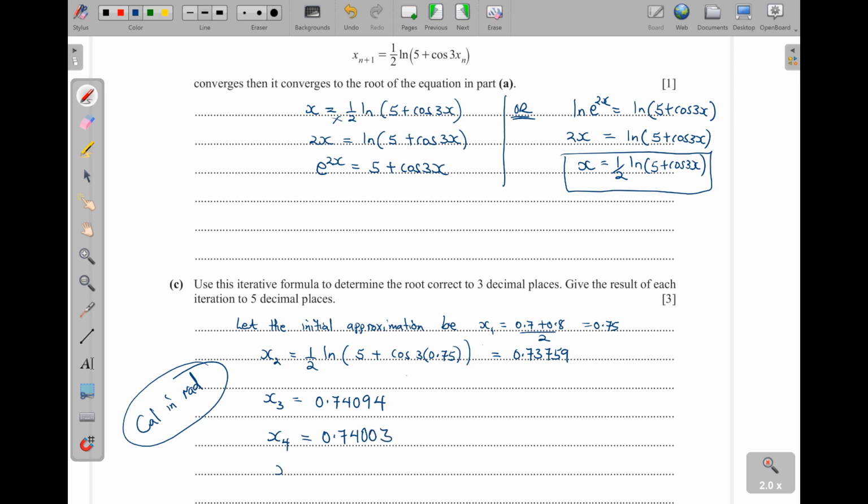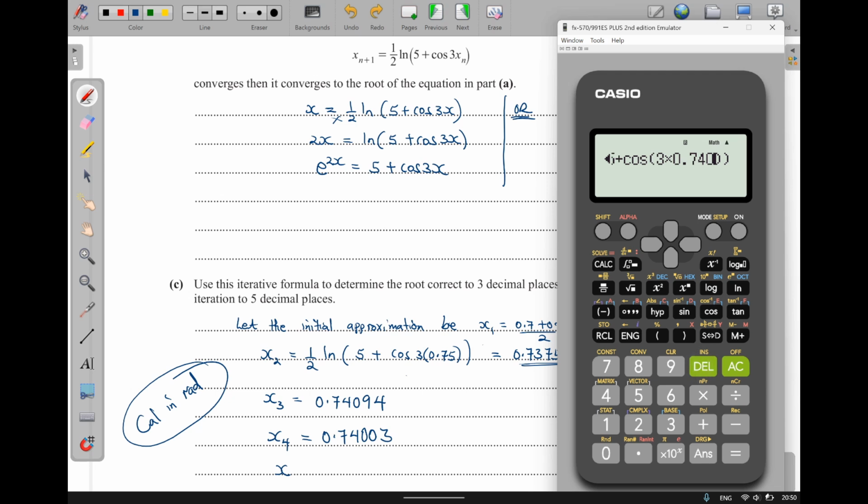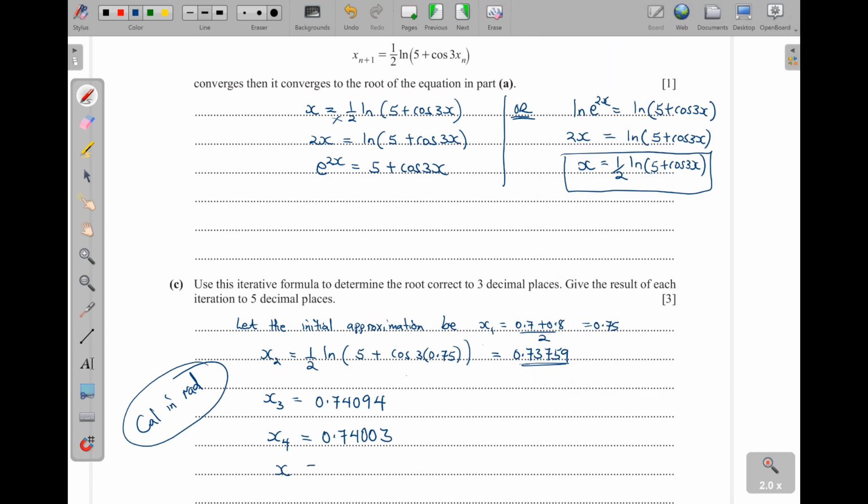Then let's check out another one here. 0.74003, like that. So we get 0.74028. 0.740, okay, 28. This one here, when we round off to 3 decimal places, it gives us 0.740.